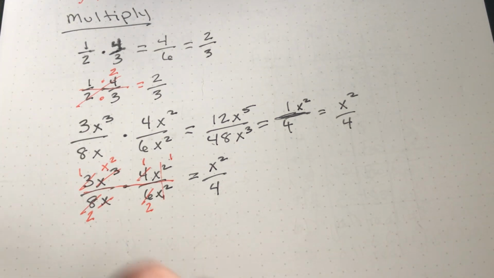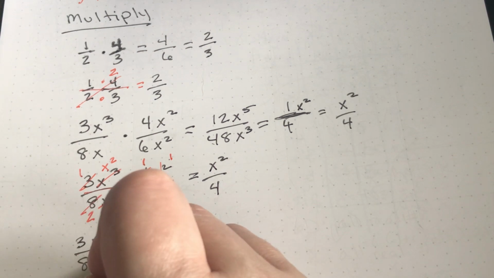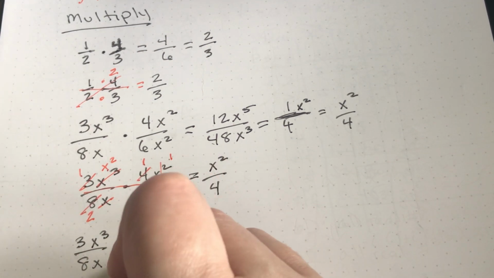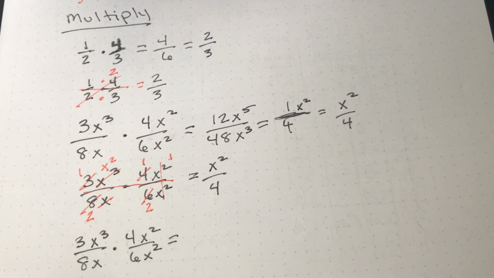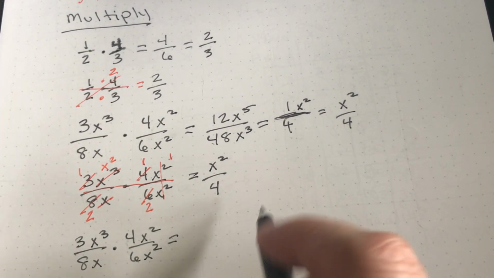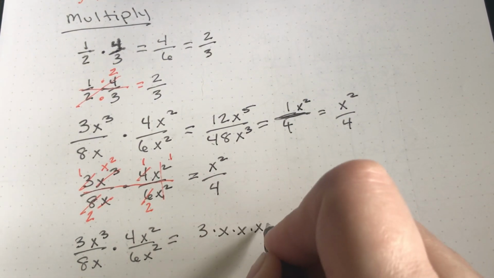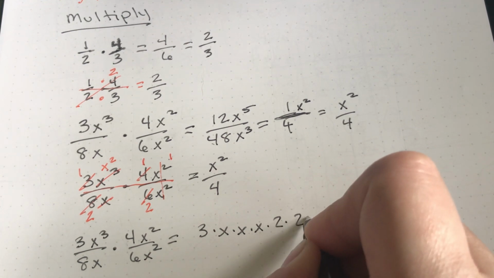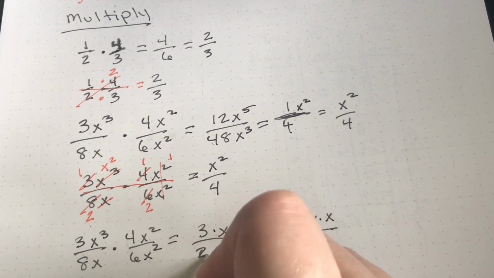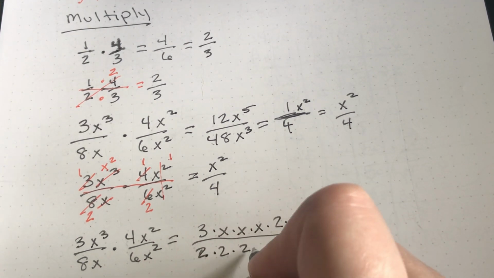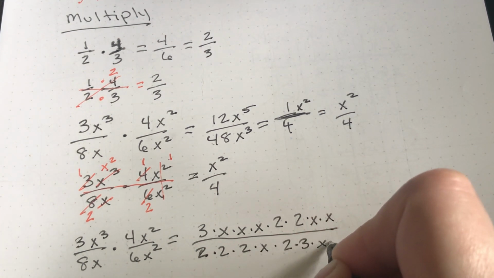Or we could rewrite this expanded. So 3 times x times x times x times 2 times 2 times x over 2 times 2 times 2 times x times 2 times 3 times x times x.